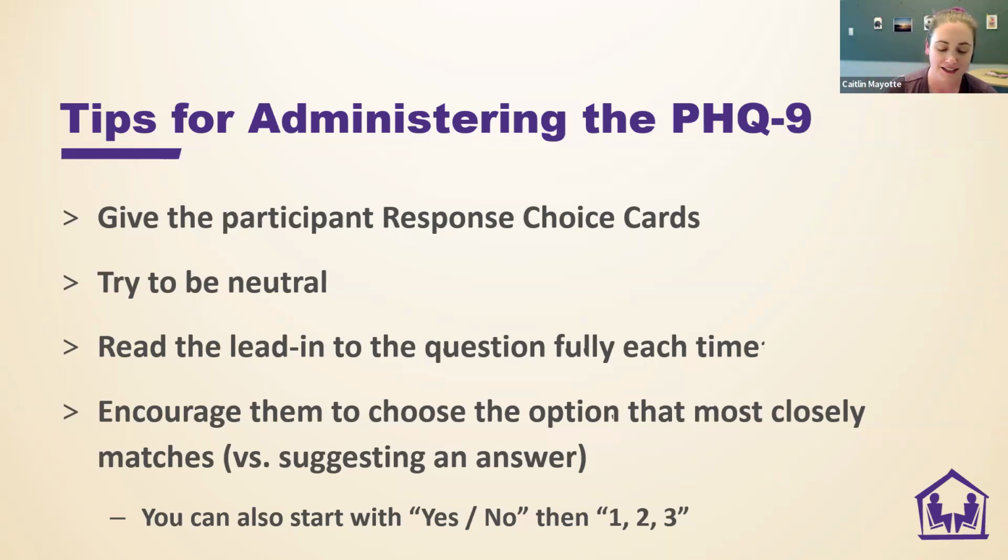So you can always remind them that they should probe with, would you say it's more than half the days or nearly every day? Reminding them what a 2 or a 3 means. And then also it can be helpful to remind them to break down into number of days. For some people, that's a lot easier.